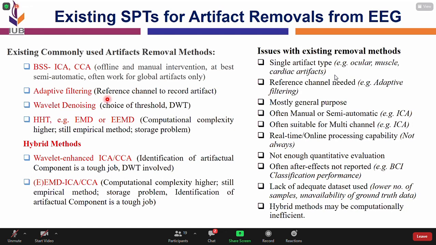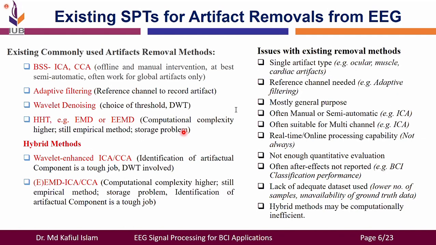We have adaptive filtering, which requires an extra reference channel to work properly. We have wavelet denoising, in which the choice of threshold is a concern. We have empirical mode decomposition, which is an empirical method, very computationally expensive, and has storage problems as well.